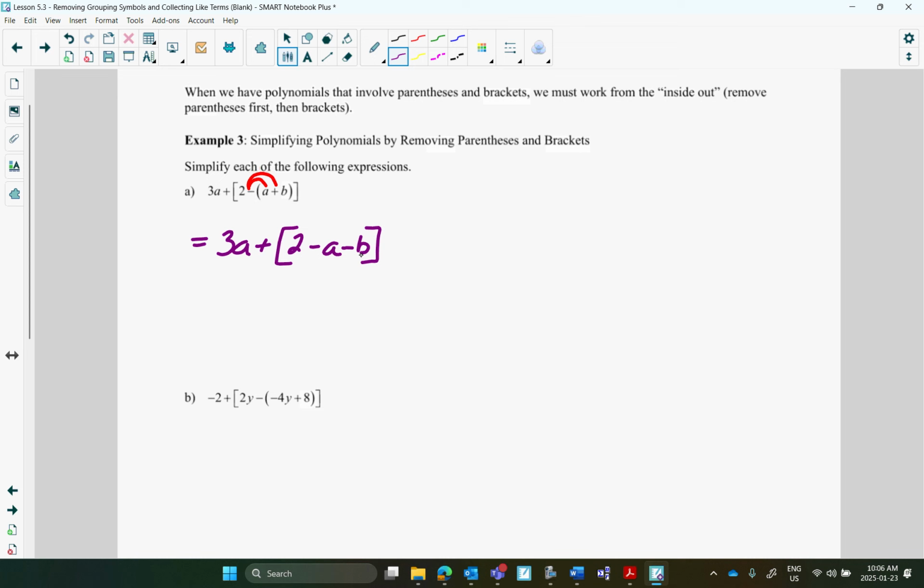Well, what sign is in front of the brackets? Plus or minus? Plus. So I can just take them out and nothing changes. 3a plus 2 minus a minus b. No signs change. So you just use the symbol that's in front. If it's negative, it's going to change the signs. If it's positive, it's not going to change anything.